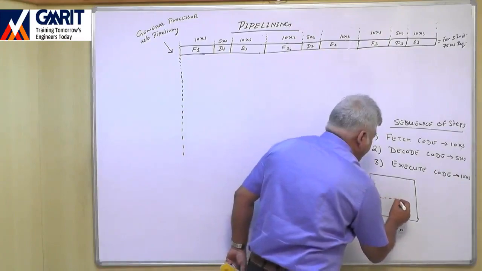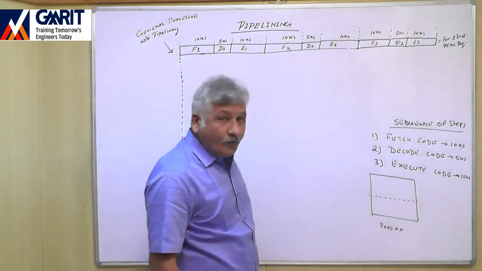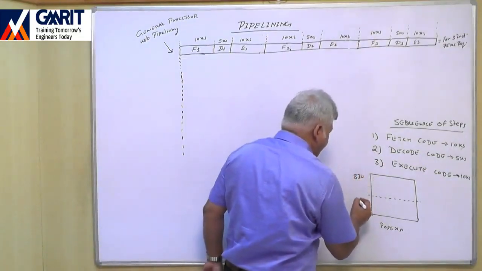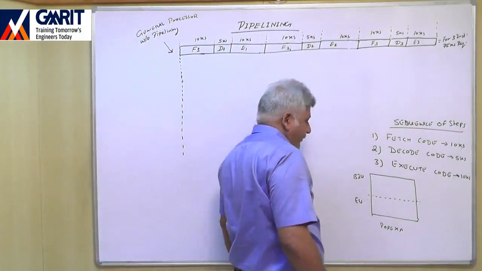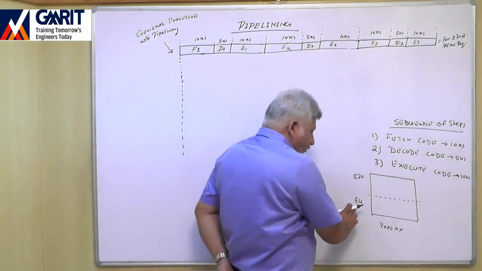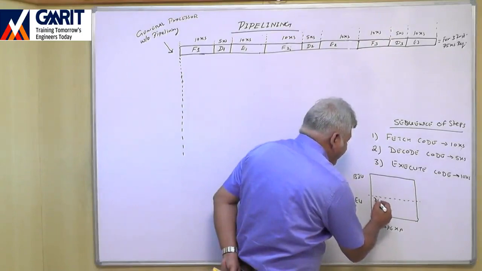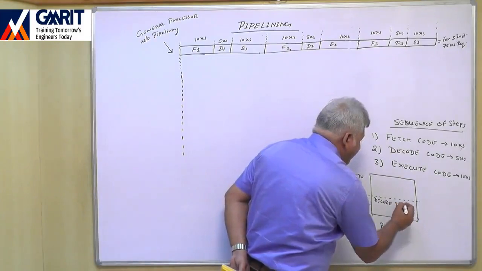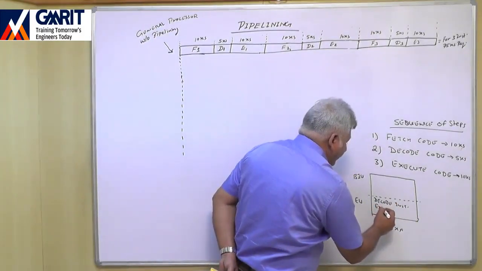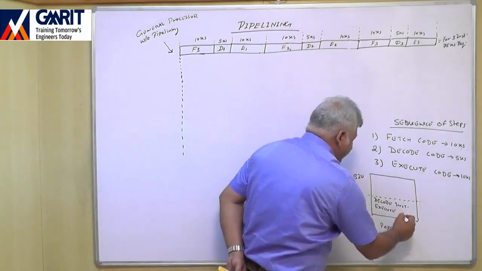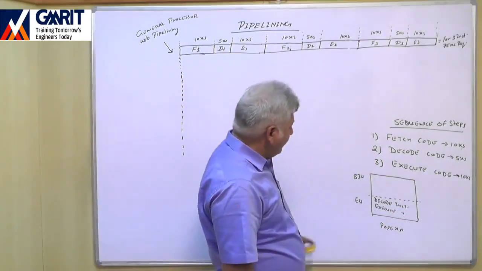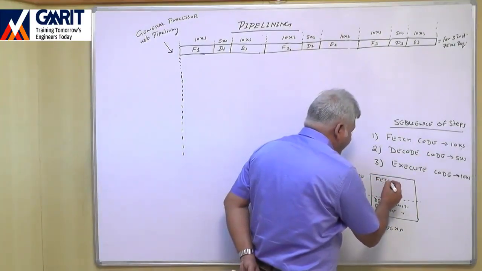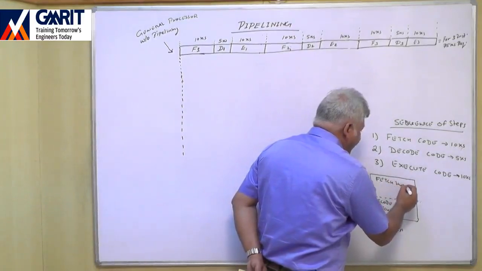This processor is functionally divided into 2 parts: one is the bus interface unit and the second is the execution unit. The purpose of the execution unit is to decode the instruction and then execute the instruction, whereas the purpose of the bus interface unit is to fetch instructions.